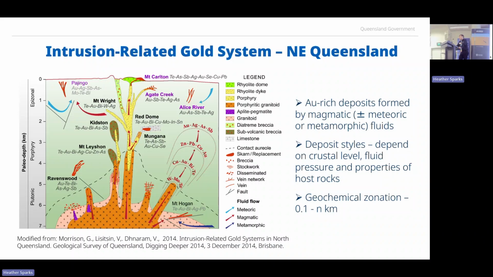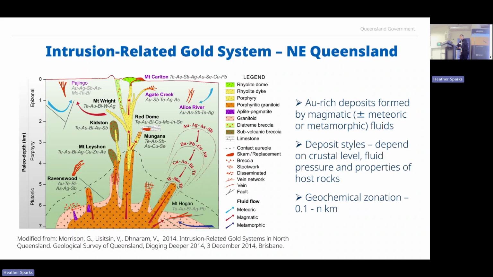One of the key characteristics of intrusion-related coal deposits, one of the defining and recognizing criteria for them, is geochemical zonation as a function of distance to host intrusives. It's particularly well pronounced in intrusion-related deposits relatively proximate to causative intrusions.